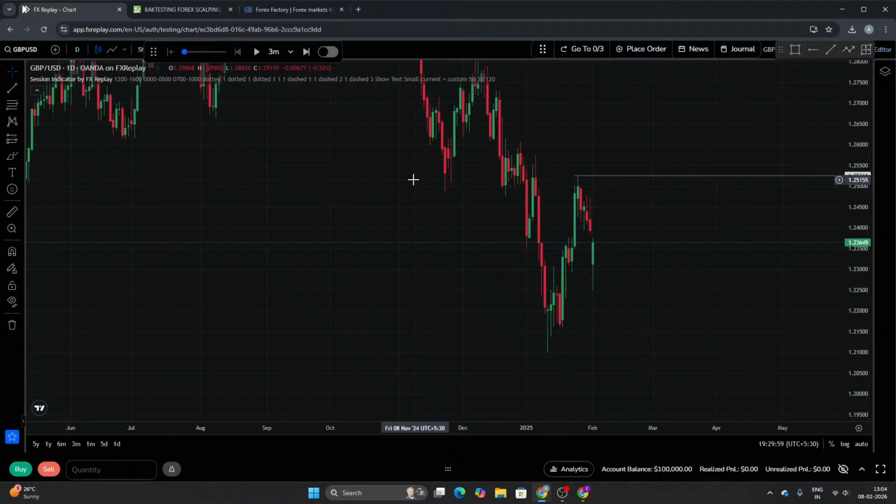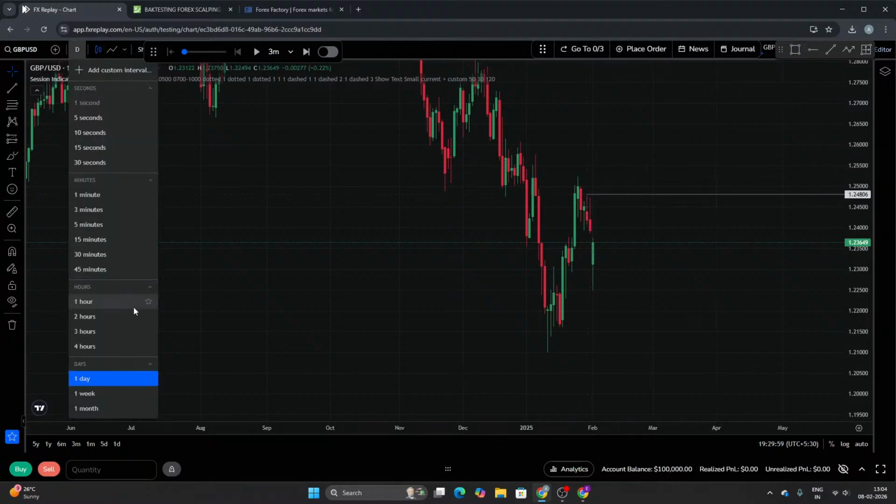Okay, so market took out this drawn liquidity here, and it may move up from above and may target this high. So our daily drawn liquidity is on the upside.